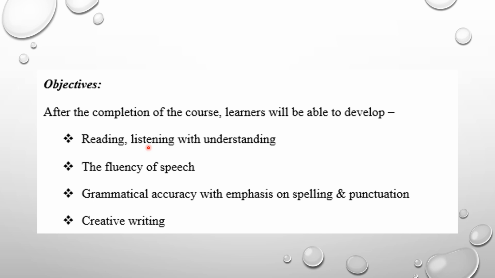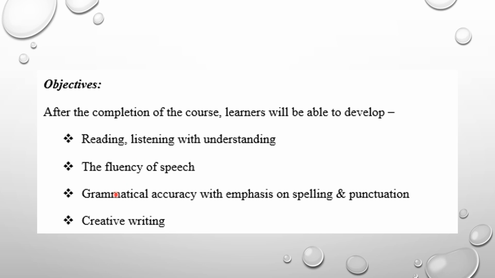When a student delivers his speech, starts a conversation with a foreigner, with a person, with a speaker, he talks fluently without hesitation, without interrupting. This is called fluency of speech. This subject will help the students to achieve the fluency of speech.